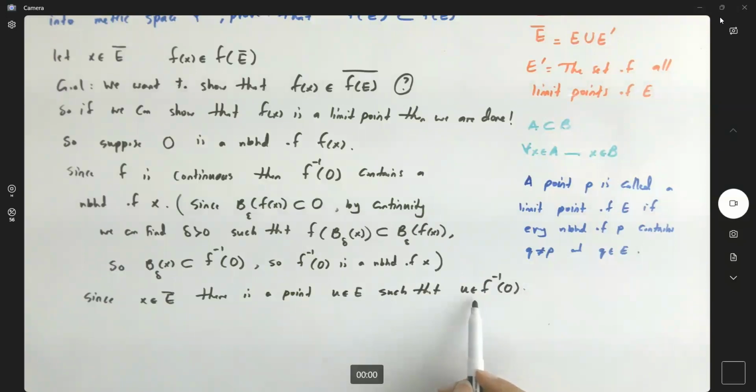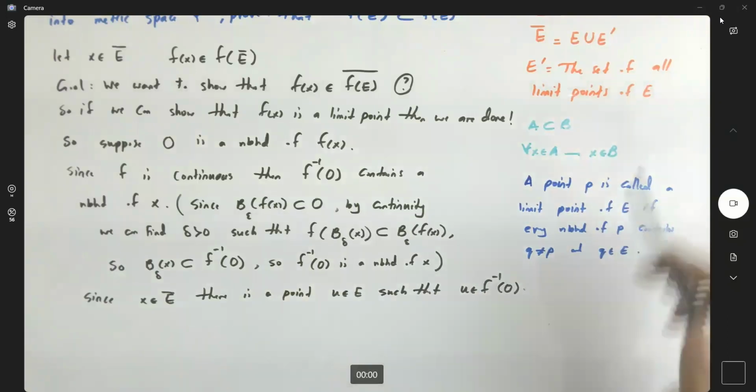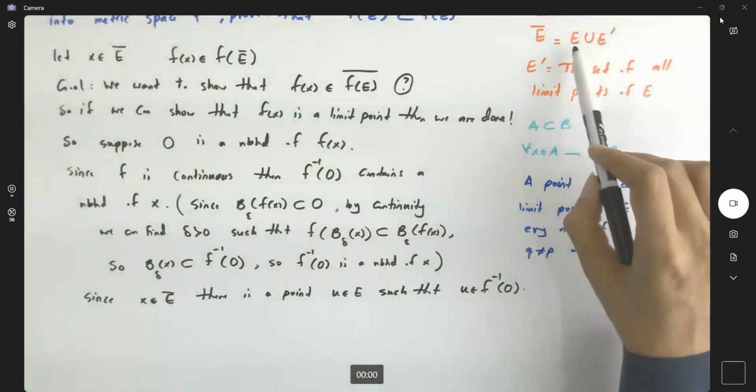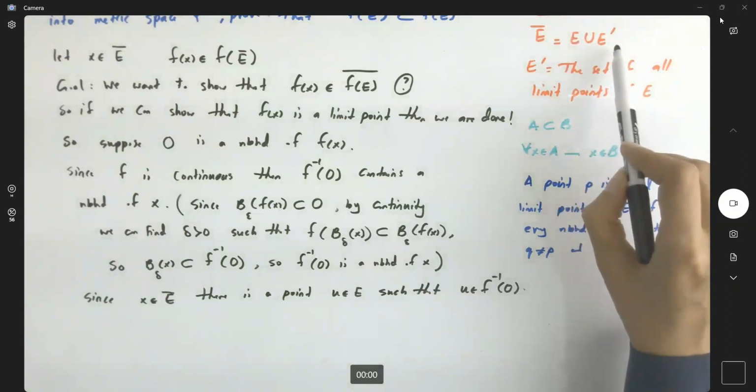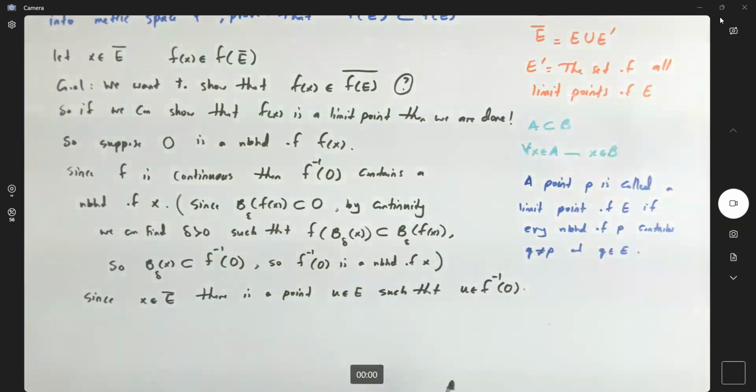It comes from the definition of closure. The closure includes the set union with its limit points. And based on the definition of a limit point, any neighborhood contains another point which belongs to that set itself.